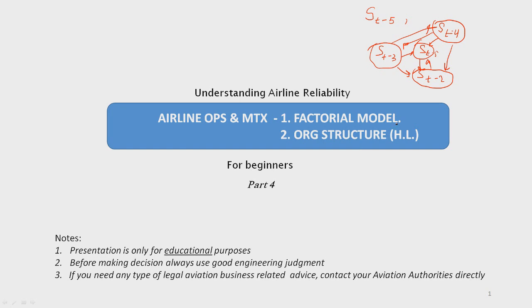By the way, today, to build this factorial model, we are going to use the so-called Markov process, Markov chain. I took it from the book Maintainability of Civil Aviation Aircraft, and as far as I remember, I saw it the first time when I was a student at Civil Aviation University, year 3 or 4.